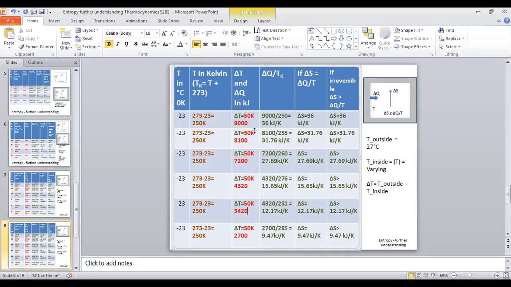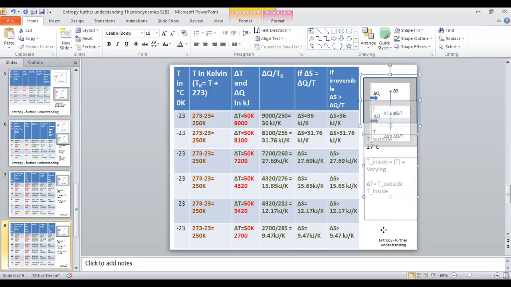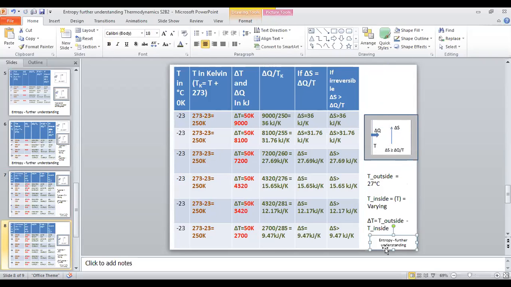But even though the delta T is the same, your delta Q is different. Let's say this is because of better insulation. This case study is for improving insulation.